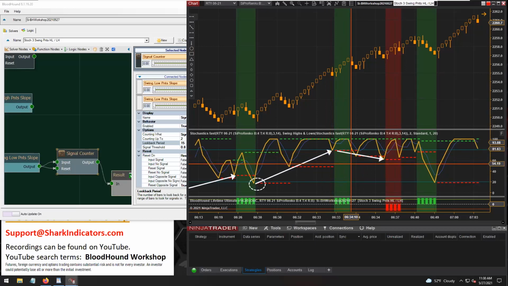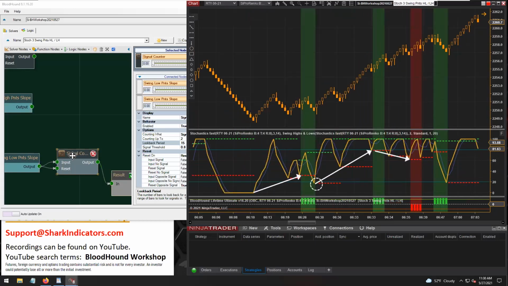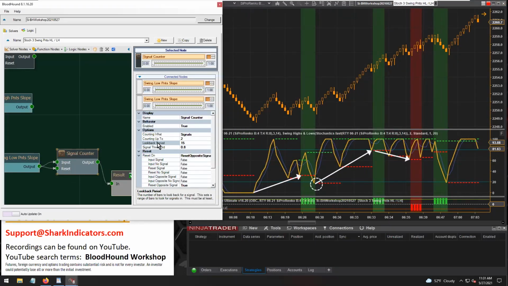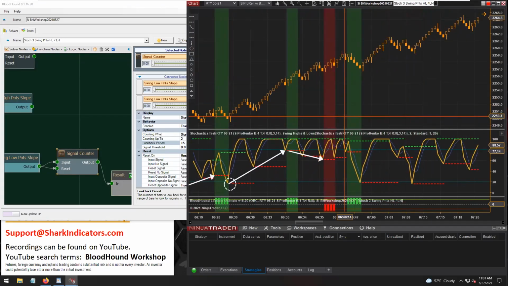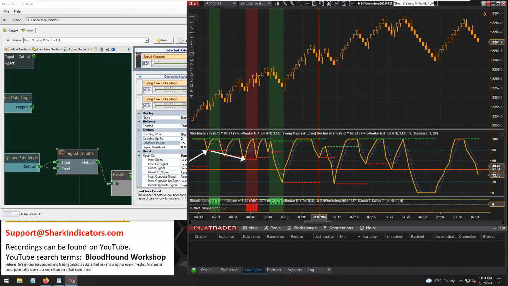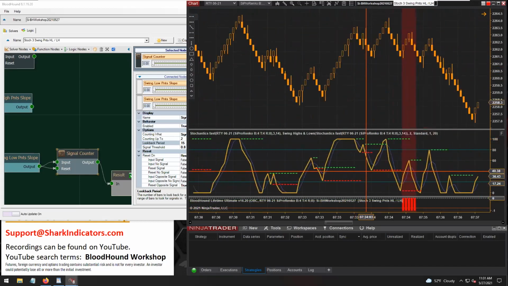And we just back that off a little bit. There we go. And then a short signal when those swing lows are stepping down. And it does seem that having a look back period of around 15 bars seems to be working appropriately or optimally here. Let's look through and see what else we have.